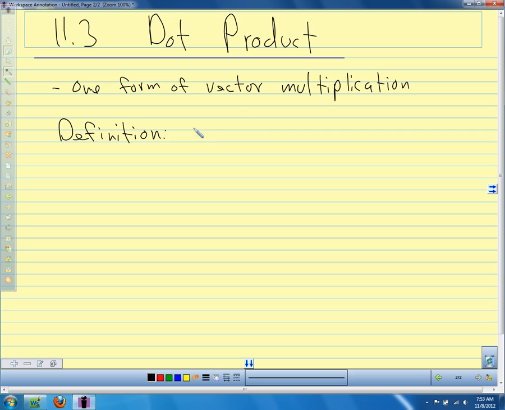I'm going to define the dot product. If V is V1, V2, V3, a three-dimensional vector, and U is U1, U2, U3, we're going to define V dot U as V1 U1 plus V2 U2 plus V3 U3.